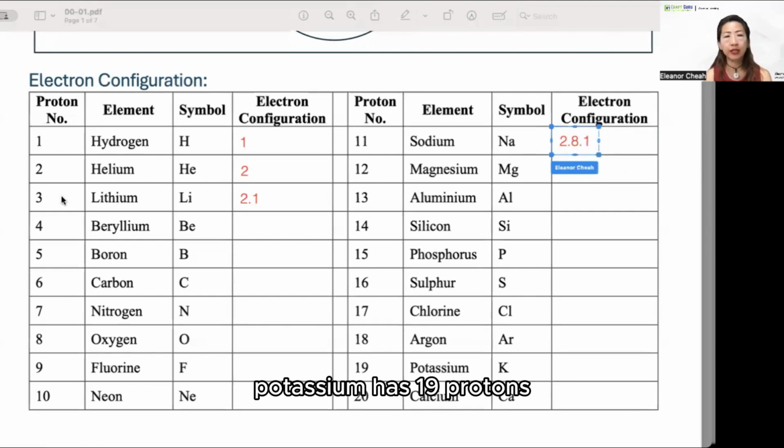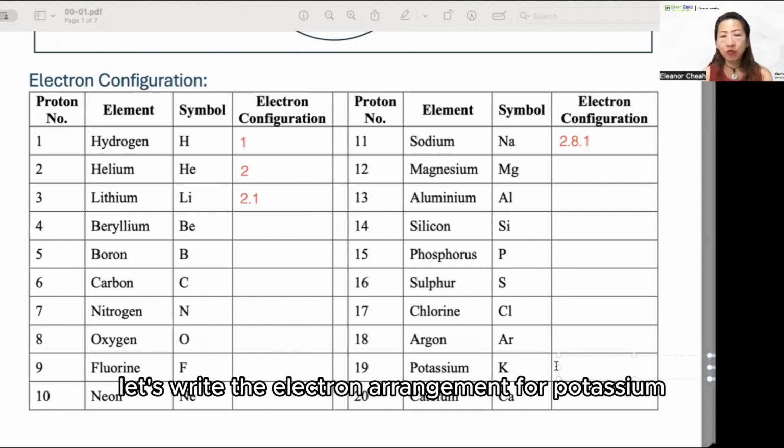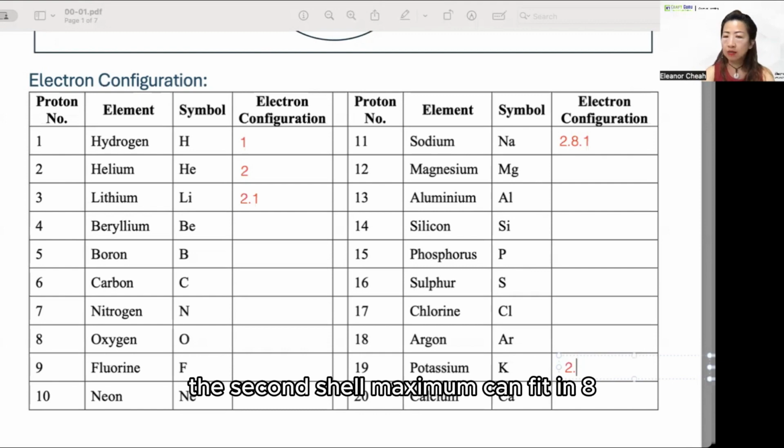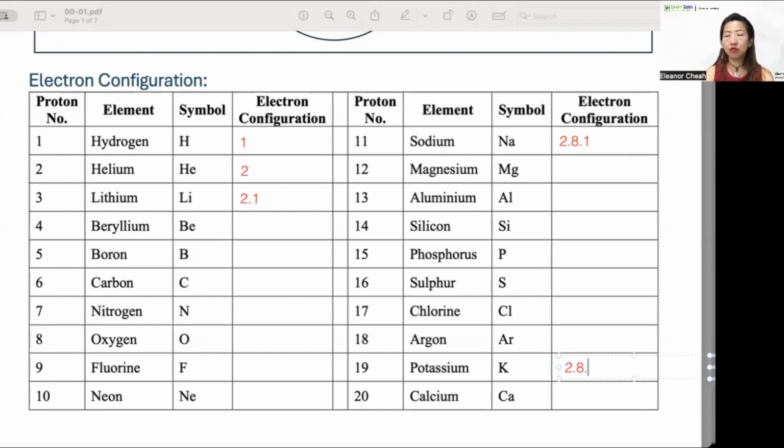Let's see for potassium. Potassium has 19 protons. Let's write the electron arrangement for potassium. The first shell has 2. So 19 minus 2 leaves 17. The second shell maximum can fit in 8. So 17 minus 8 leaves 9.